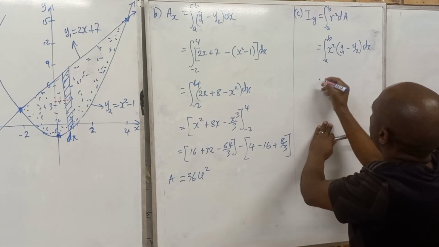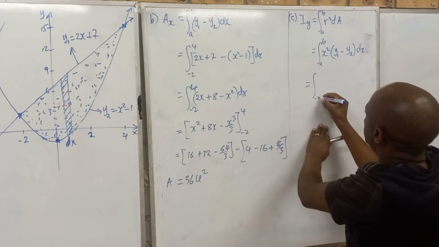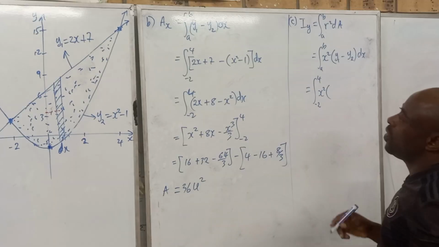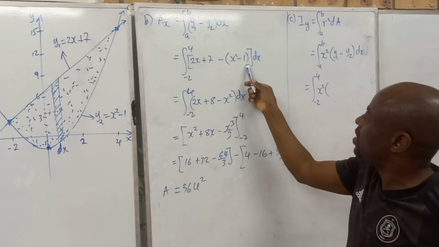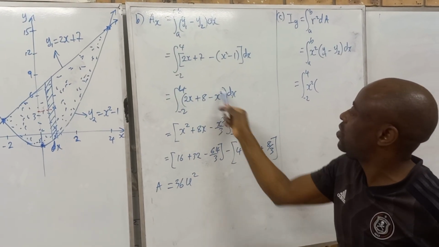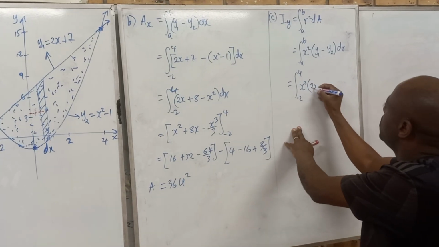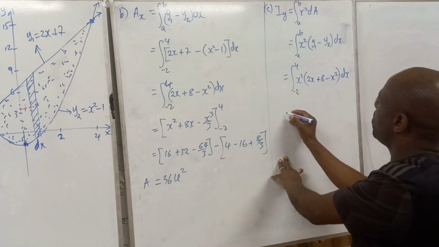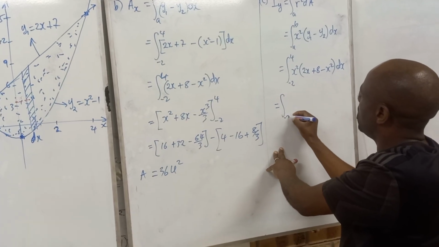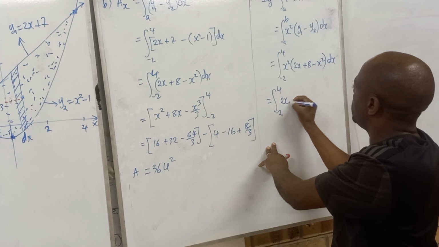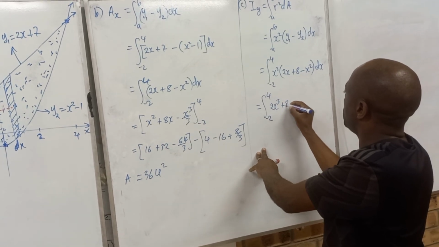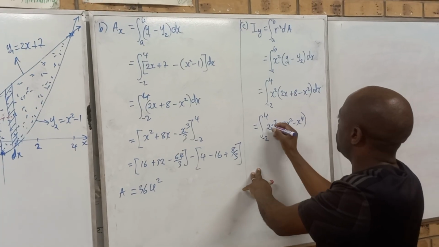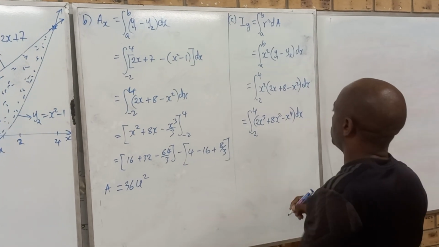from a to b, a and b are the same figures, negative 2 to 4, then x squared. Now you must remember that y1 minus y2, you started here and ended here, so you can just copy from there. This is 2x plus 8 minus x squared dx. Then you open your bracket, you will get the integral from -2 to 4 of 2x cubed plus 8x squared minus x to the power 4, all this dx.